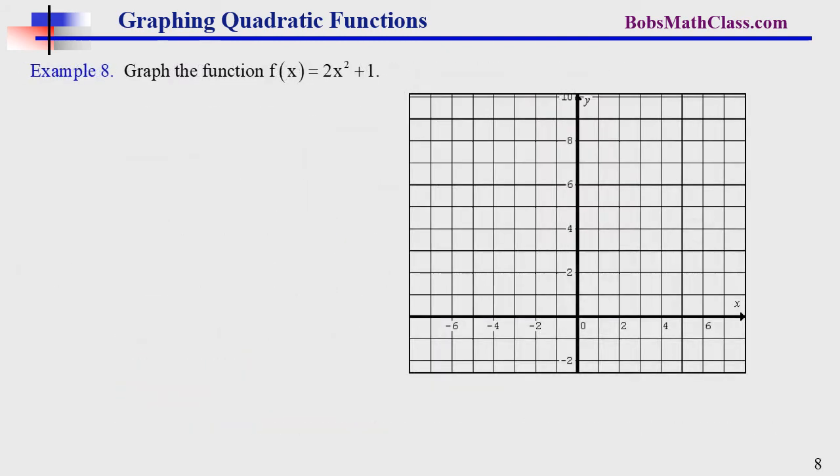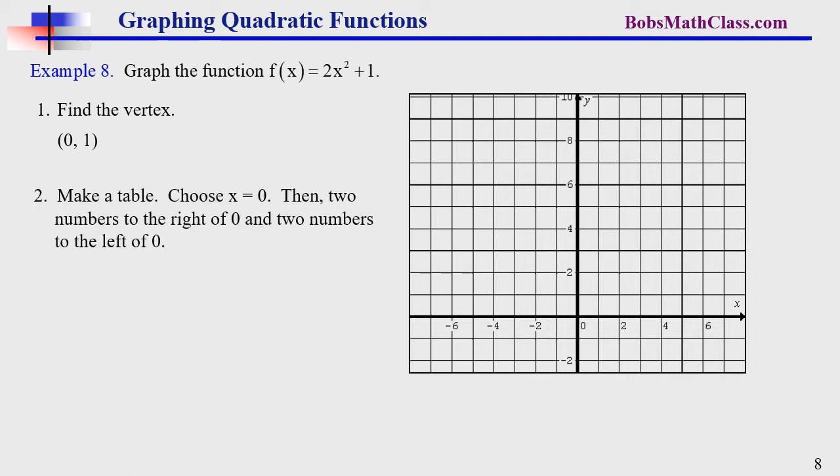All right, here's our next example. f of x equals 2x squared plus 1. Okay, this one, vertex. There are no parentheses. So if there's no parentheses, what's our x value, or what's our h value? 0. And the k value is 1, so our vertex is 0, 1. So there's no parentheses, our x is always going to be 0.